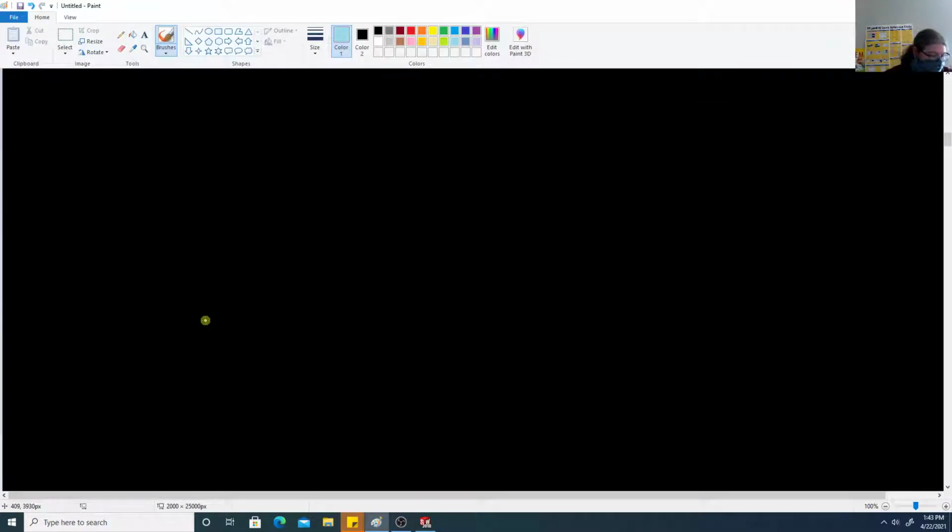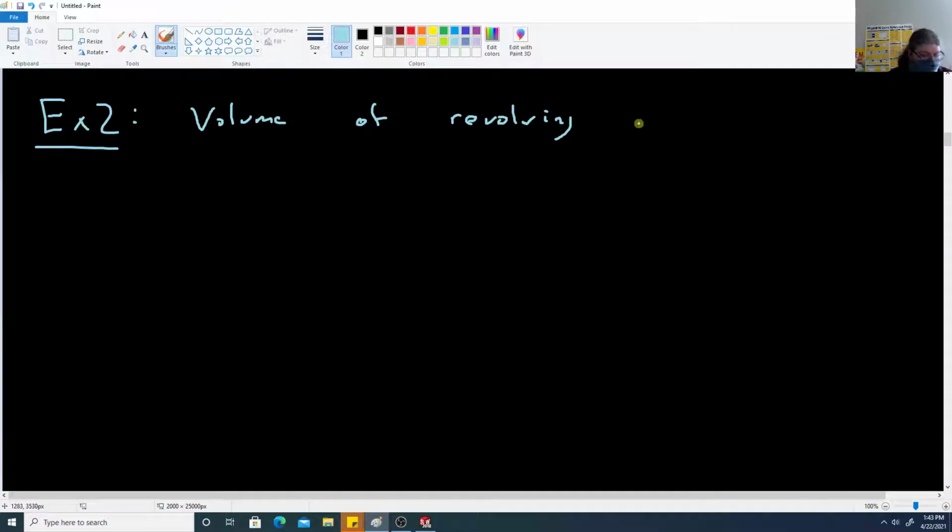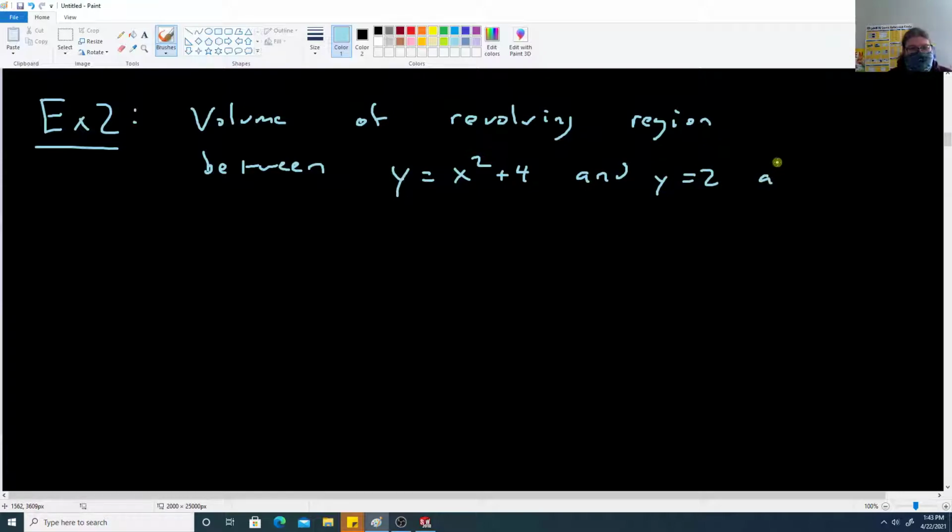So let's look at an example or two. First example here. We want to find the volume of revolving the region between, they give us the function y equals x squared plus 4 and y equals 2, about the x-axis, for the x's from 1 up to 3.